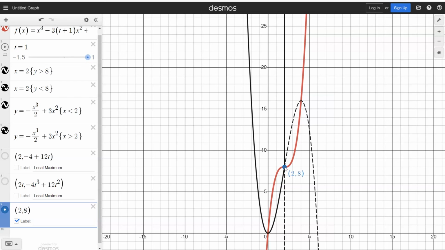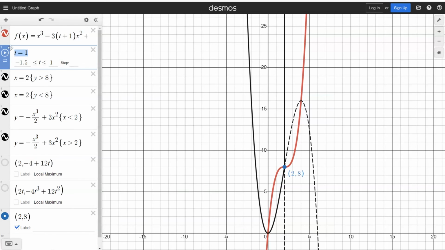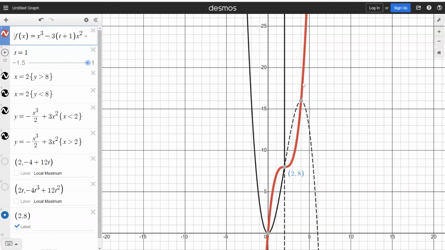Note that the function passes this point when t is exactly 1, and that, my friend, is case 3. In that case, we have shown that f(x) does not have a local maximum point using its derivative. And you can see from here that the curve has neither a local maximum nor a local minimum, and that's why this point (2, 8) must be excluded from the locus.